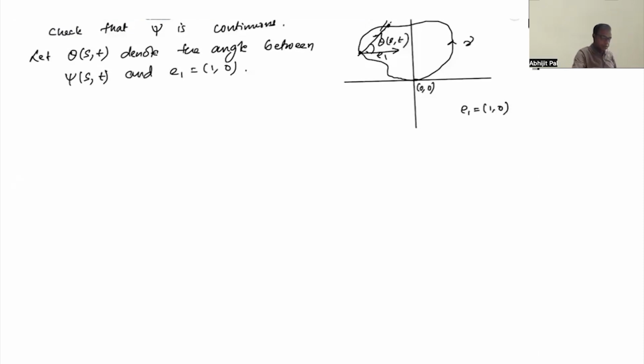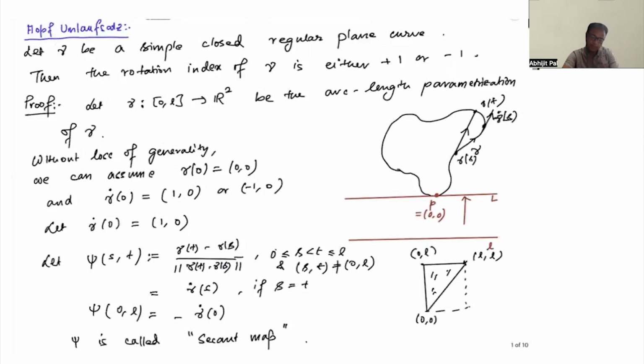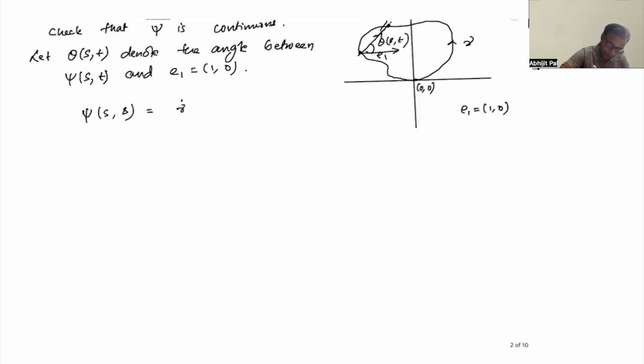Now note that, what is theta s s? Before that, what is my psi s s? As per the definition, it is gamma dot s, and gamma is a unit speed curve.